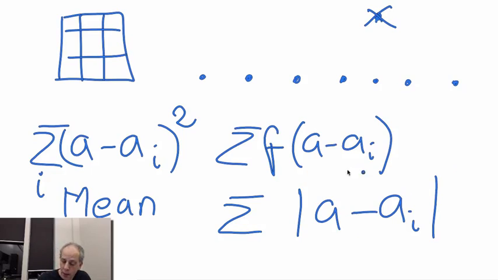Once again, you can prove this. It's a bit more of a difficult proof because when we discussed how to prove the mean, we said just take derivatives, make the derivative equal to 0, and you're going to find that A is the average of all the Ais. Here, you're not allowed to take the derivative because at 0, the absolute value doesn't have a derivative.